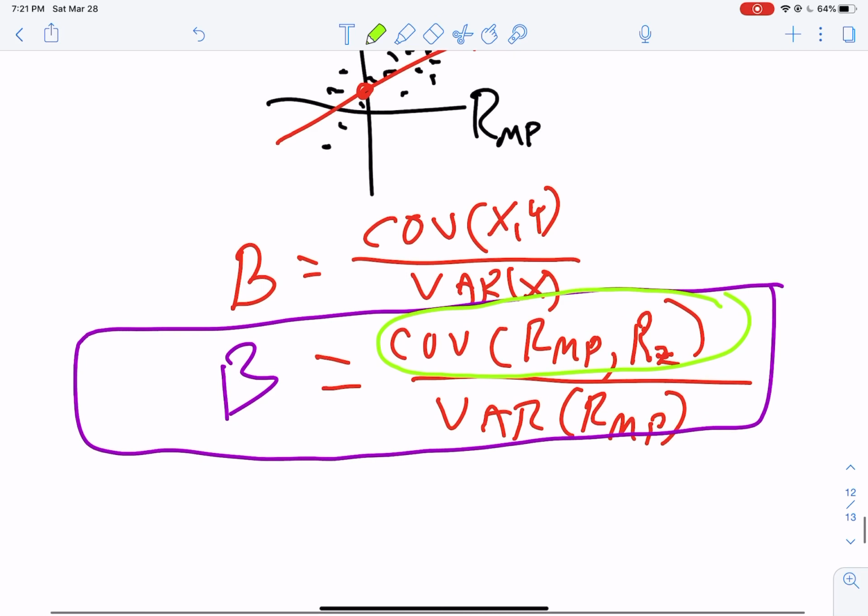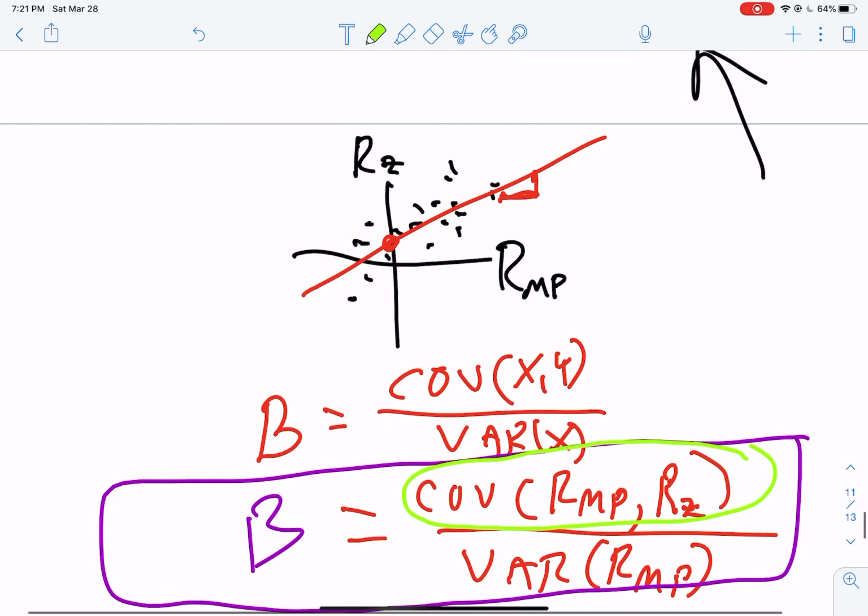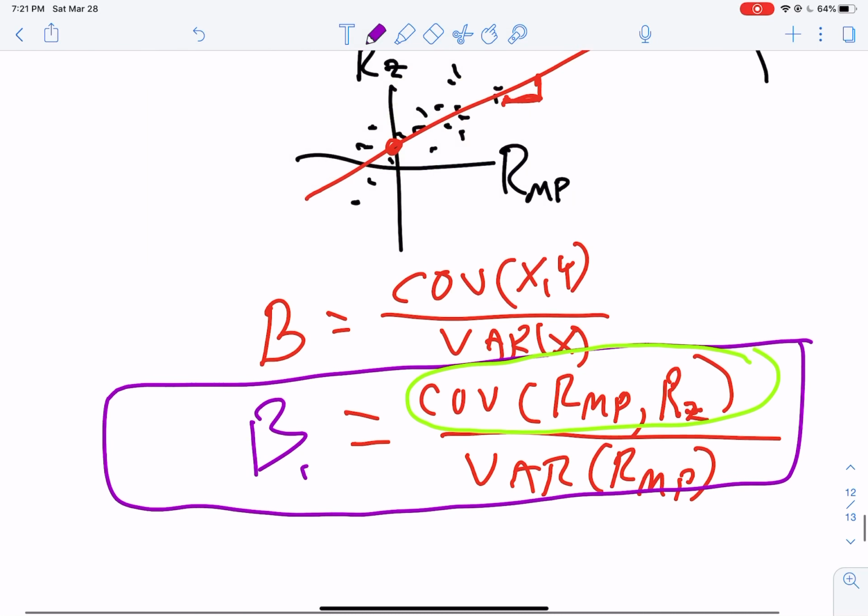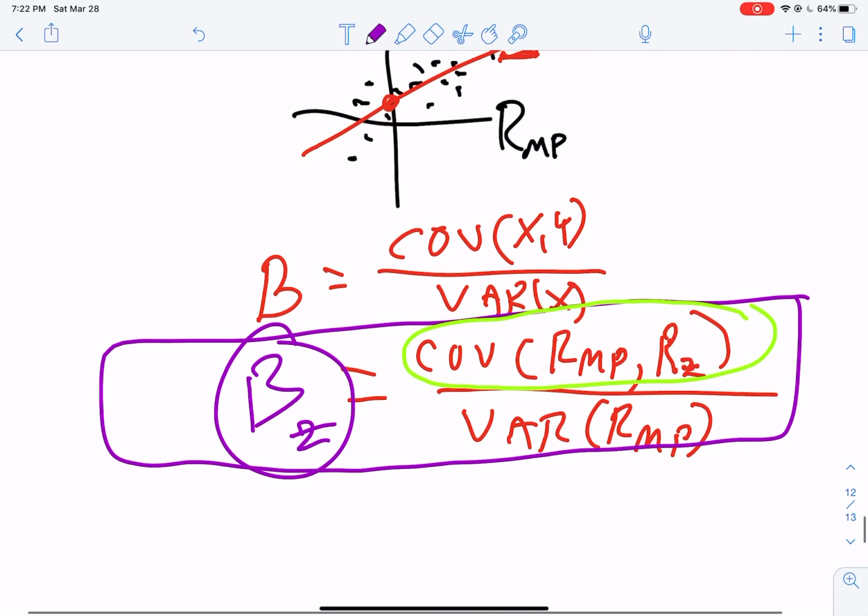So when we calculate the beta of stock Z, it would be the covariance of the return on the market proxy with the return on Z divided by the variance of the return on the market proxy, or the market portfolio. And that's the beta of Z, and that's incredibly important.